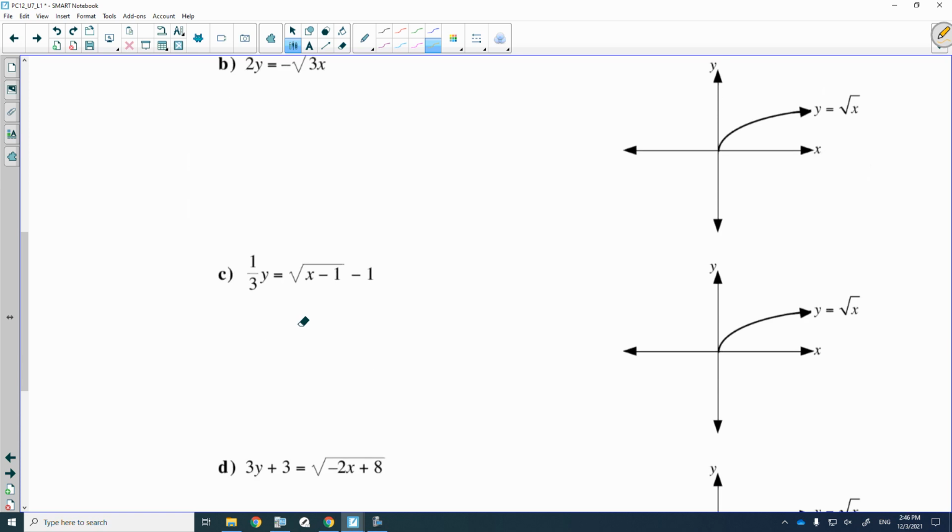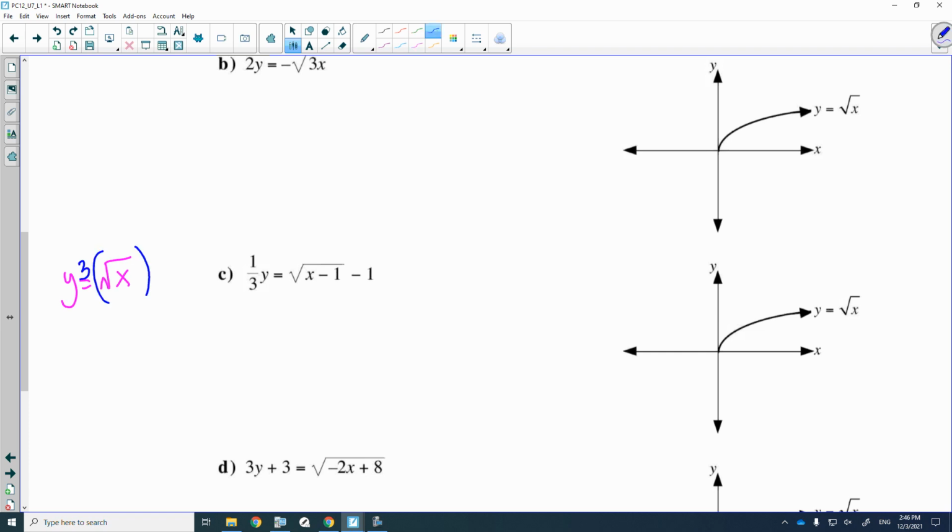Okay, so for 2C, remember that your original equation is going to be y is equal to the square root of x. If we were to write the transformed equation, you know that we need to get rid of this 1/3. So you multiply by 3. That's going to become the a value. So the a value always goes in front of your function.